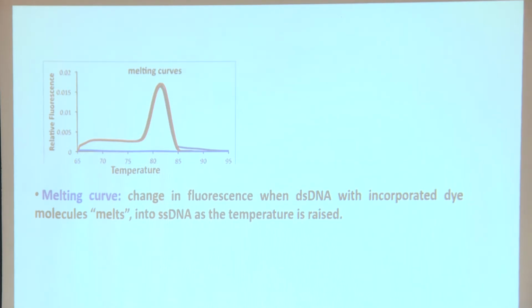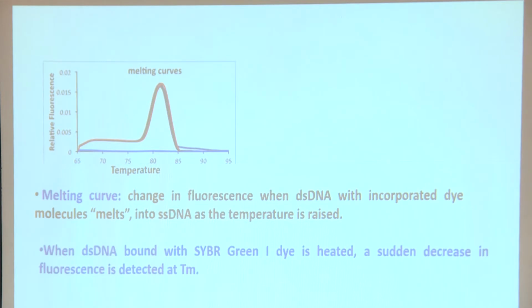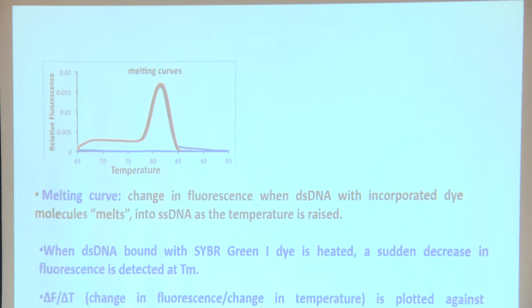So, there is a drop in signal. That is what I just now explained. When double stranded bound SYBR Green dye is heated, a sudden decrease in fluorescence is detected at Tm. Tm stands for melting temperature. The change in fluorescence with change in temperature is plotted against the temperature to obtain a clear view of the melting dynamics.